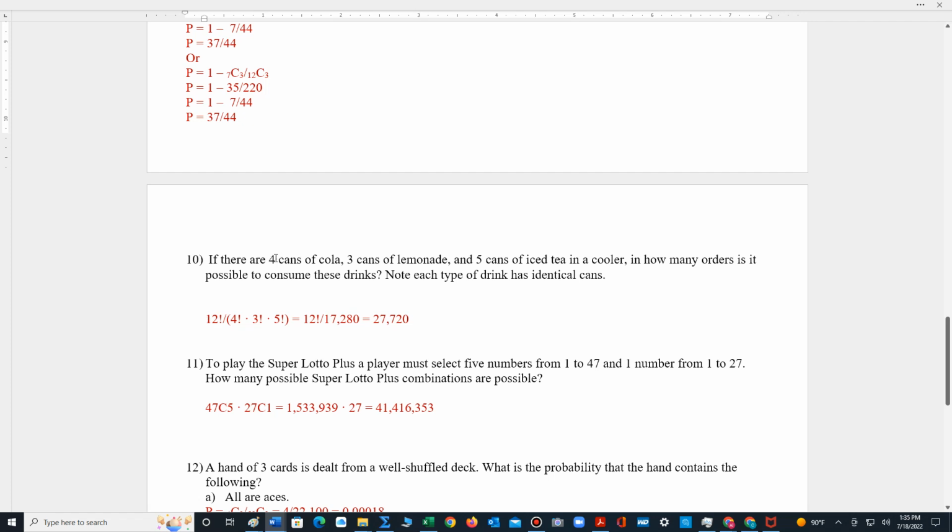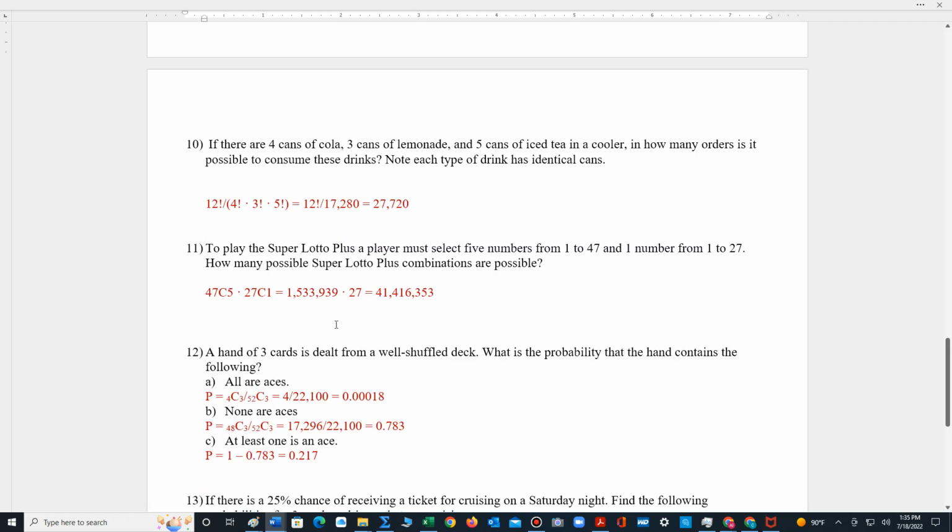We count the number of times the cola repeats, 4 factorial, times the number of times the lemonade repeats, 3 factorial, times the number of times the iced tea repeats, 5 factorial. Compute this value, type this in your calculator to get in the denominator 17,280, and then divide that into 12 factorial. The answer is 27,720.